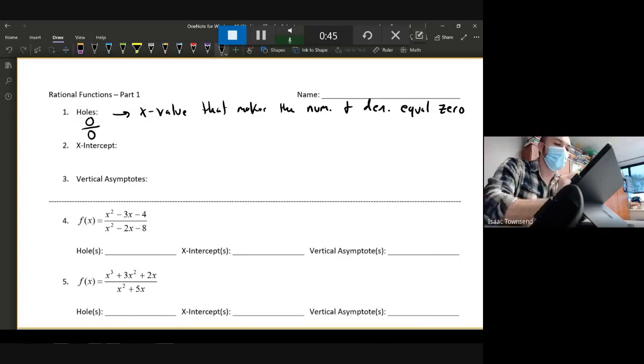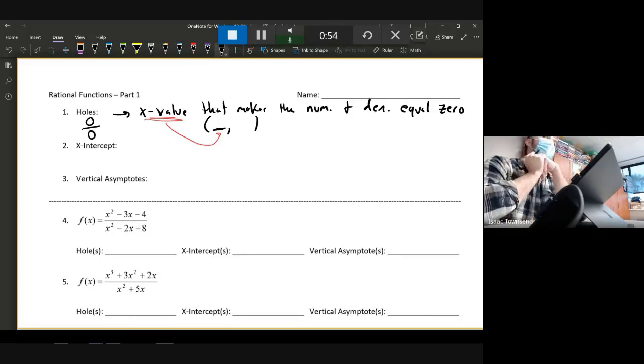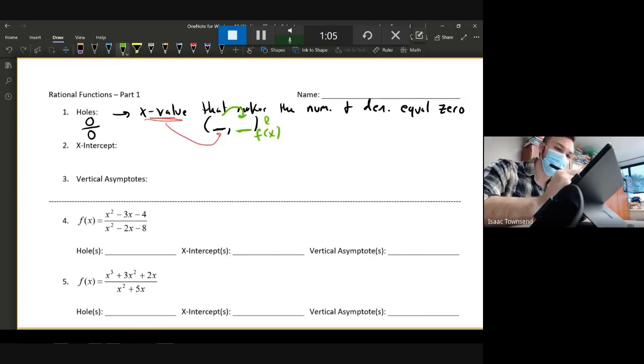And that x value is actually the x value of the hole. And then to find the y value of the hole, you take the x value, plug it into the reduced function, and that gives you the y value.